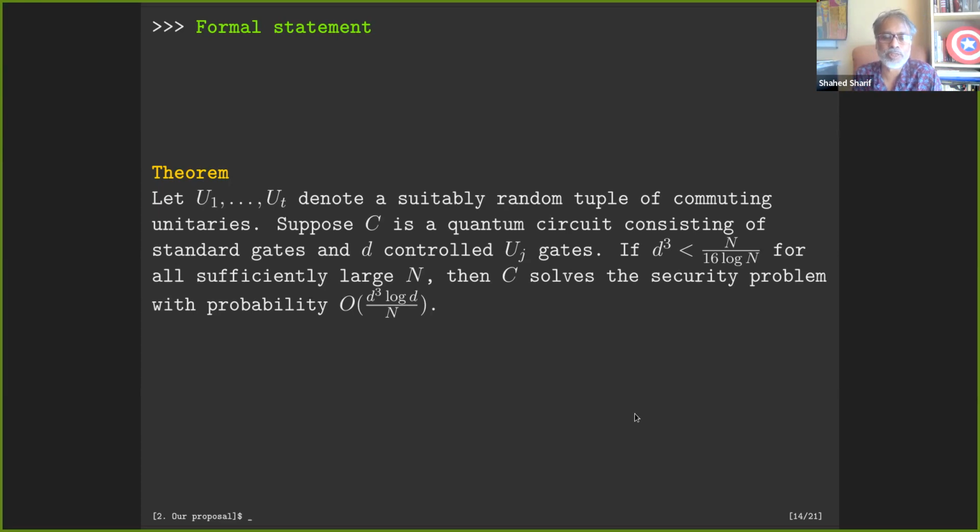So the theorem, let me say a little bit about the randomness in this theorem. I wrote this as a suitably random tuple of commuting unitaries. The way we generate these unitaries is we choose a real eigenbasis completely randomly, uniformly at random.